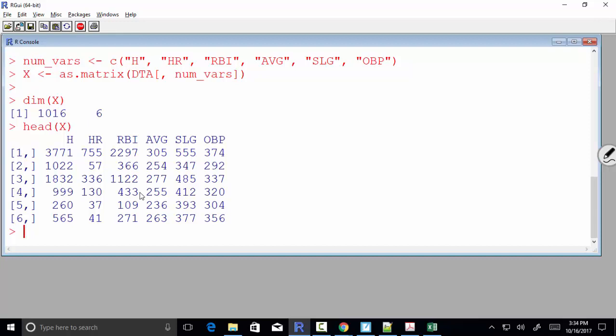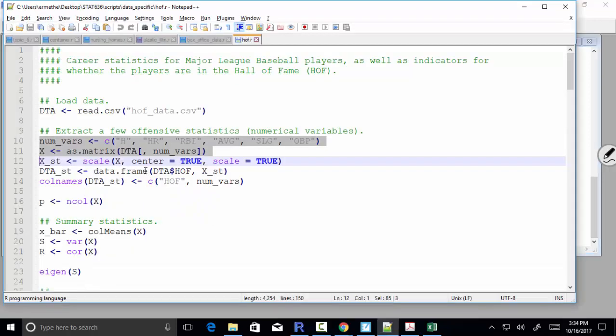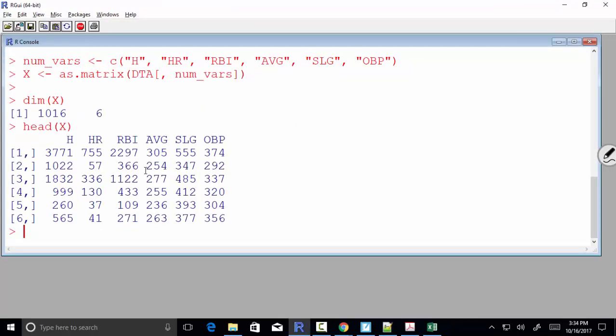The first player has 3,771 hits, 755 home runs, and so on. I would bet that every player has a unique collection of these 6 variables. I can completely explain or separate all the players if I use all 6 variables. Our goal is to represent the same collection of information to the highest extent possible using less than 6 variables.